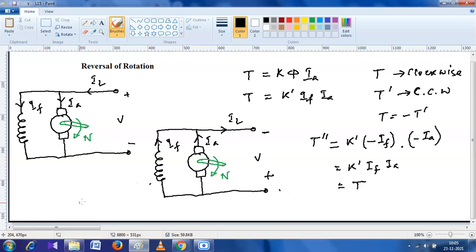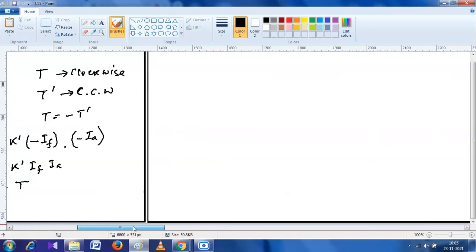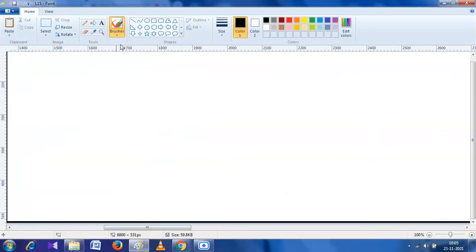Good. That means we have to change the direction of current. If we change the direction of the field current, at that time the armature current should be in the previous direction. Either we have to change the direction of field current or the direction of armature current.